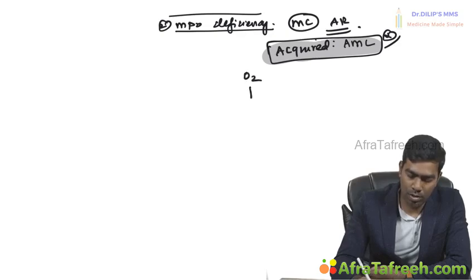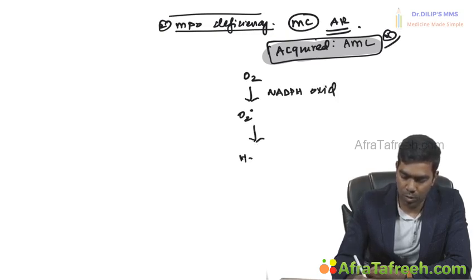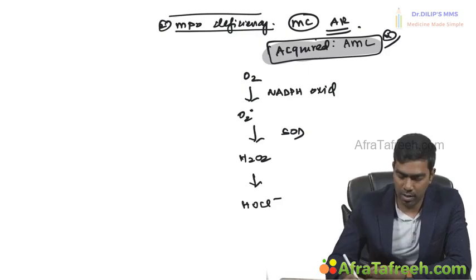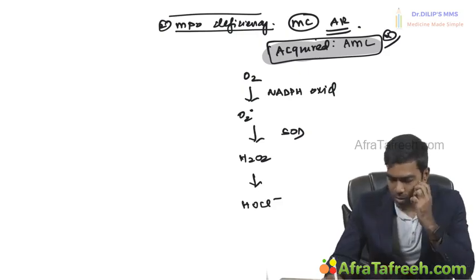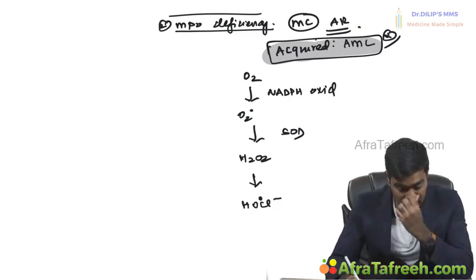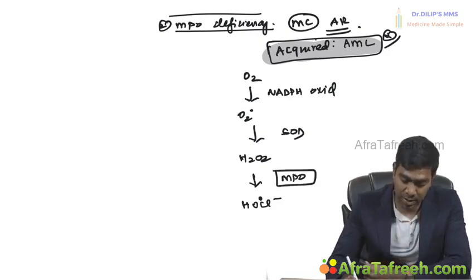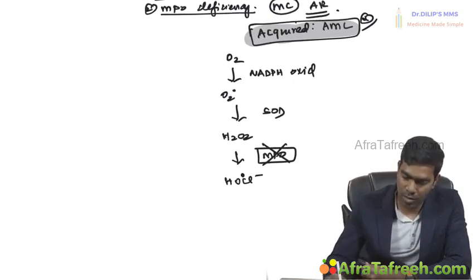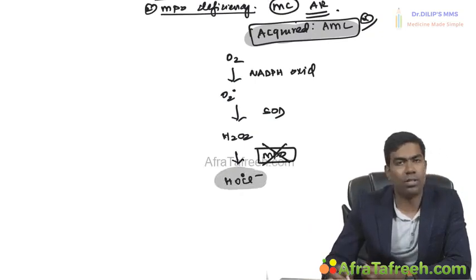MPO deficiency means MPO, where it is important. I told you oxygen, to become oxygen free radical you need NADPH oxidase, and to become H2O2 you need superoxide dismutase, and to become hydrogen halide free radical you need this myeloperoxidase, which means this is where the defect is, which means they cannot convert into this hydrogen halide free radical. So that is where the problem is.